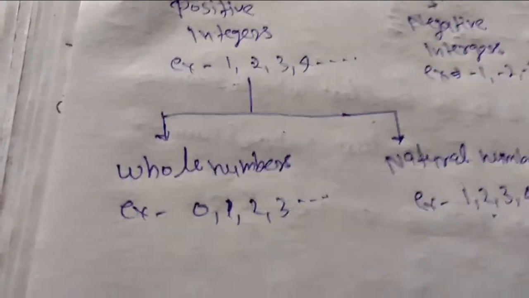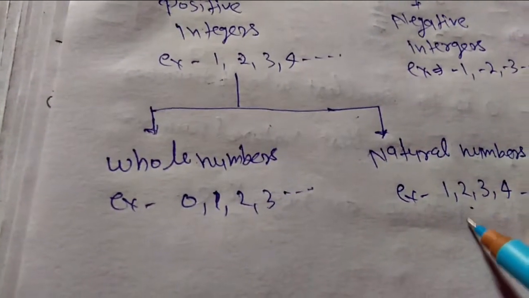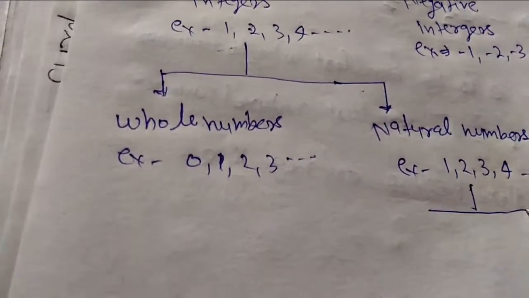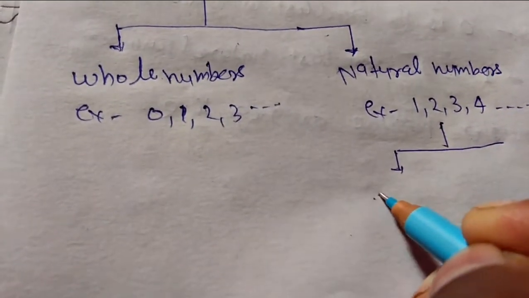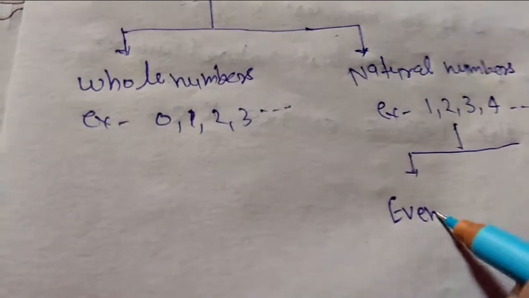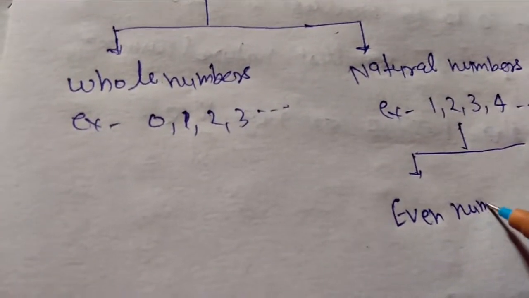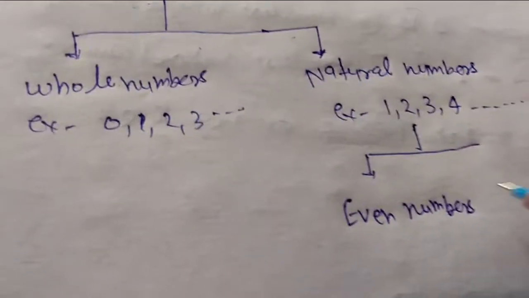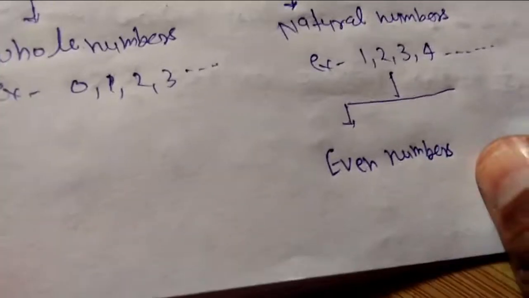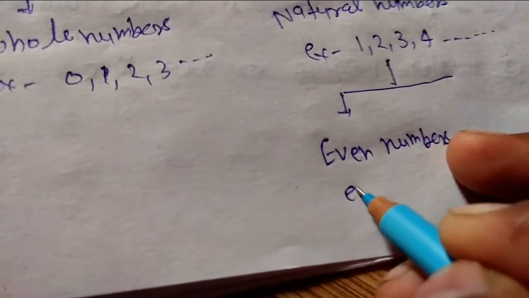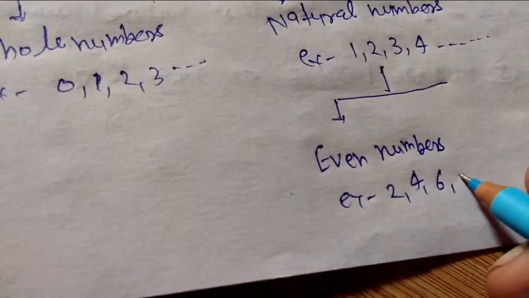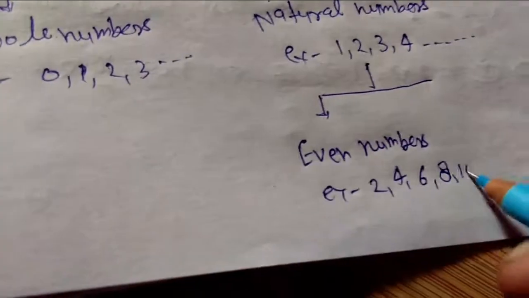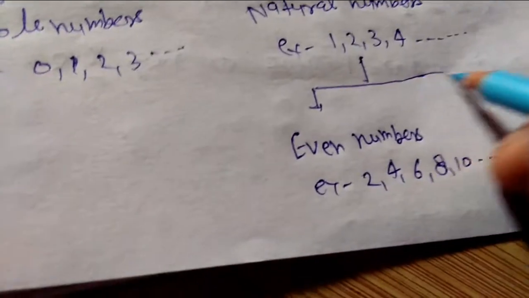Now natural numbers are further classified into two. First one is even numbers. Even numbers are those numbers which are divisible by 2. Example: 2, 4, 6, 8, 10 and so on.